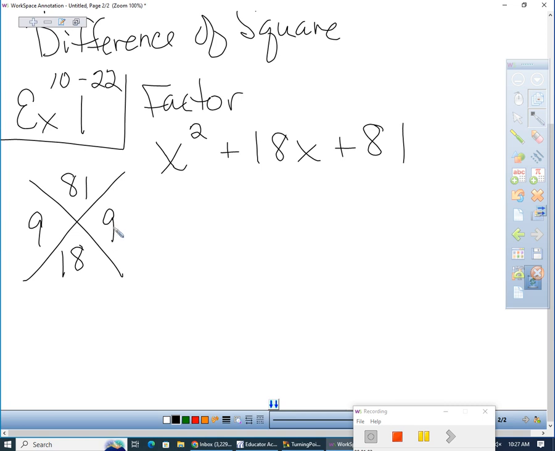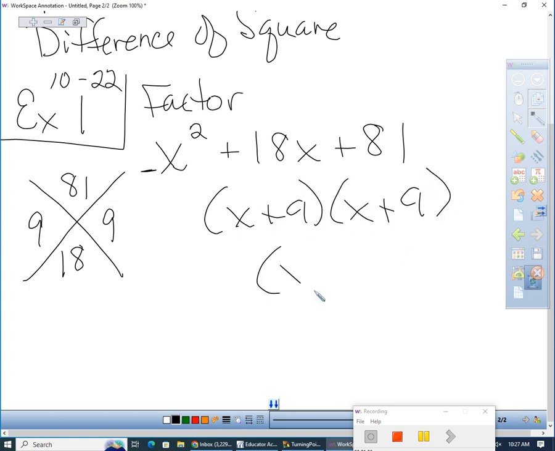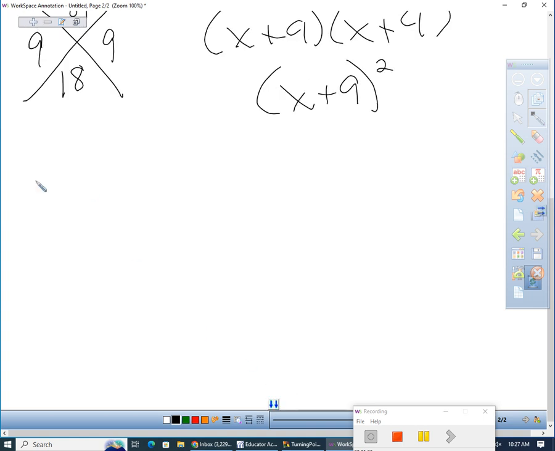That's what should happen on every problem today, for the first half anyway: our sides are exactly the same. Now, in this one, do we need to do the box? No. Why? Yeah, it's got a 1 on the front. So we have x plus 9 times x plus 9, or you can write it as x plus 9 squared, which is fine with me.